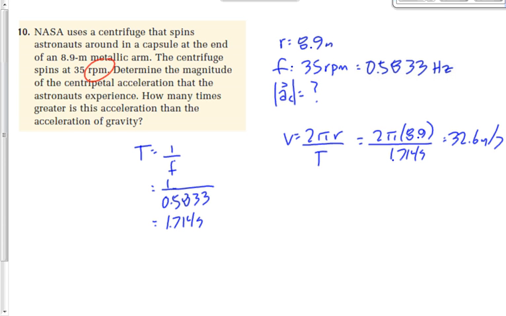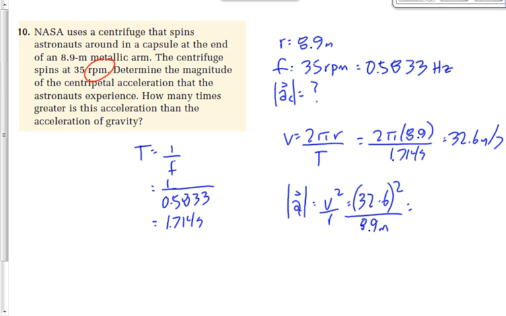So we got something. Hey, it worked. It's not what we're looking for, but it's probably going to help me. What do you want to try next? Sure. 32.6 squared divided by 8.9 meters. What does that equal? About 1,000 divided by 8.9.